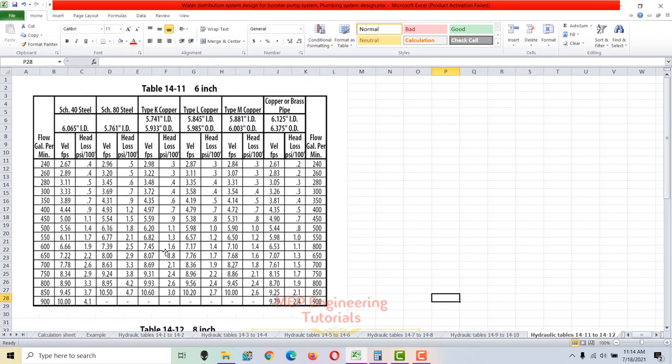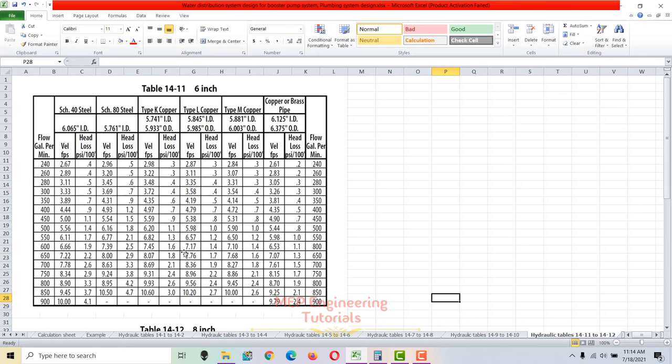550 and 600, type L copper, velocity is 6.57 at 550 and 7.17 at 600. So let's interpolate and get the exact value at 582.